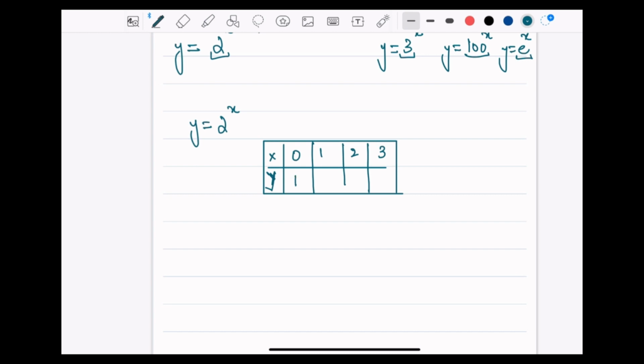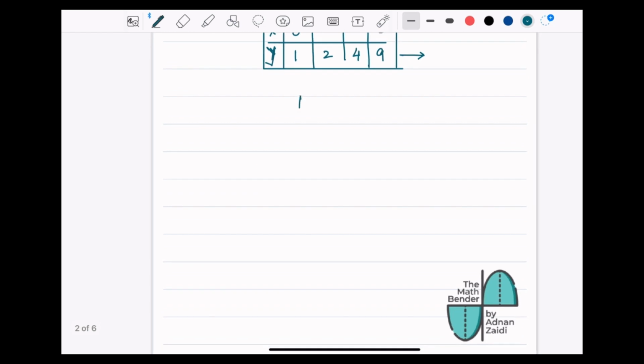And if I put these values in the equation, this will be 1, 2, 4, 8. Now these y values are not proportionate. They are not adding to a certain proportion, and that is why it's an exponential function, because they're adding up exponentially.